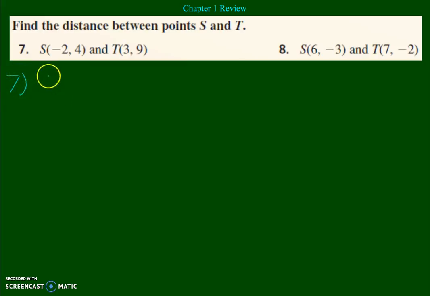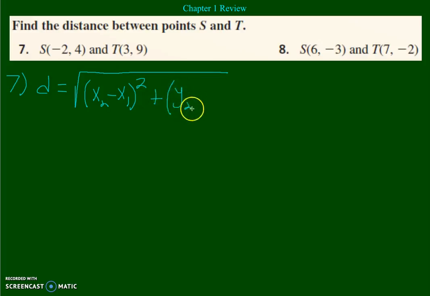And the distance formula, distance equals the square root of the difference of the x's, which would be x2 minus x1, and we square that, plus the difference of the y's, y2 minus y1, and square that.